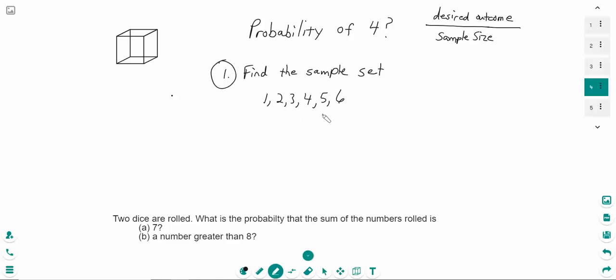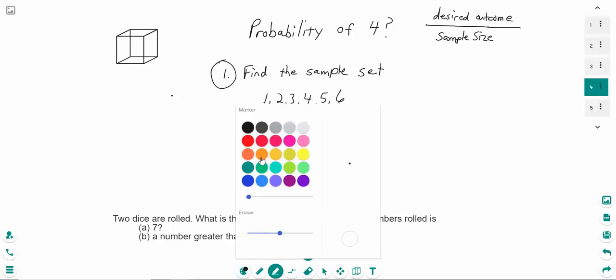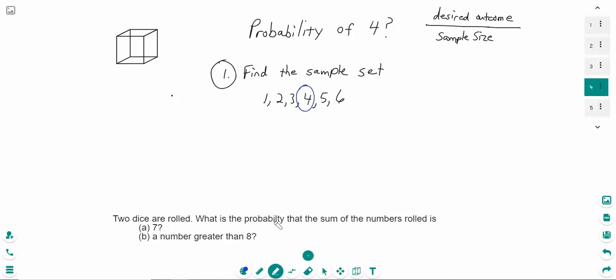This is our sample set. It includes all of the outcomes for this particular experiment. Now, what's our desired outcome? Our desired outcome here is 4, and there's only one way to get it. So there's one way to do it.